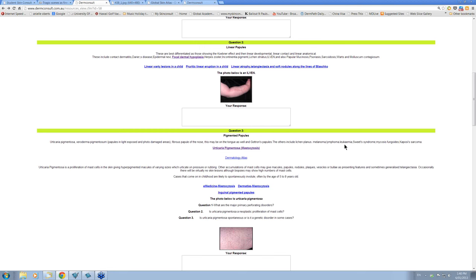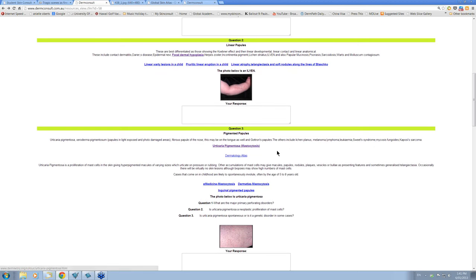Forget melanoma, lymphoma, leukemias, Sweet's. No, they're usually nodules, most of those things, rather than papules. Same with MF. Kaposi's, though, that could present as purplish papules, and you might misdiagnose it.